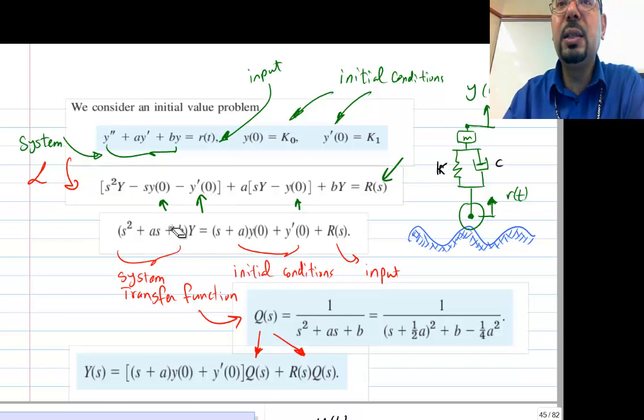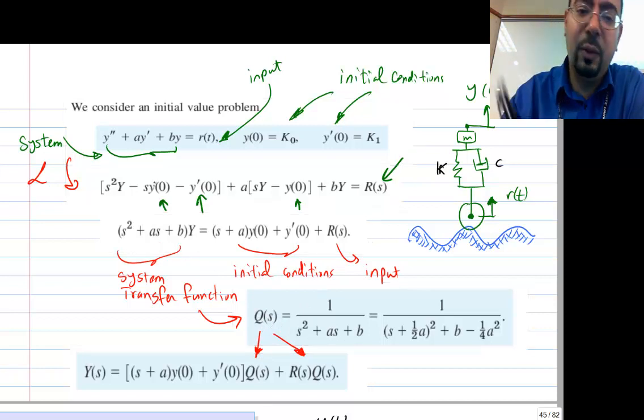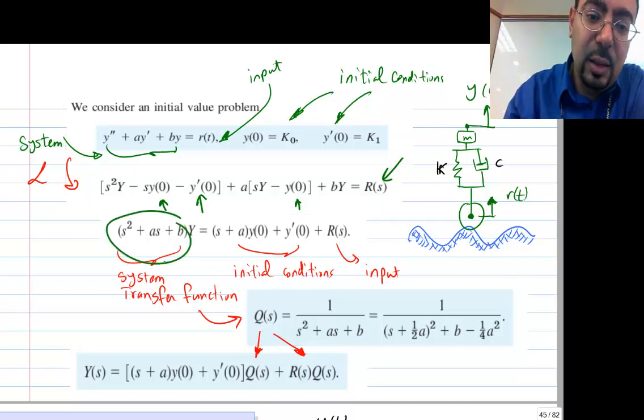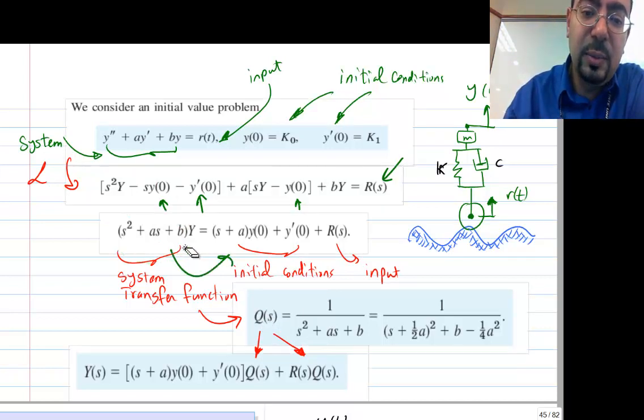Those are the initial values. But if you pull the system constants, the a and b in here, times the Y, and you put the constants over there and the input over here, you can realize that this equation, let's take this and put it on the other side.